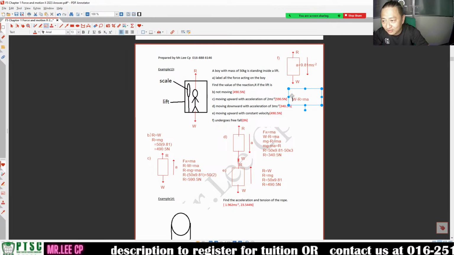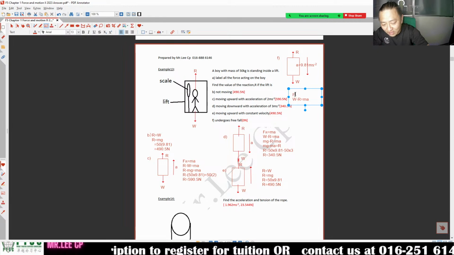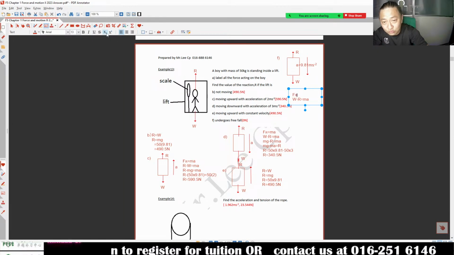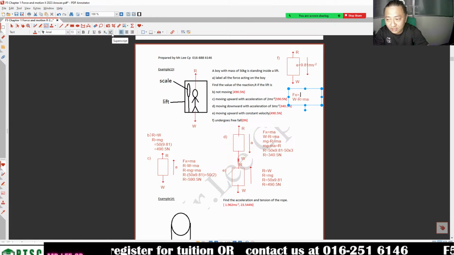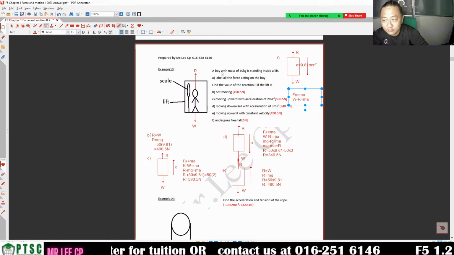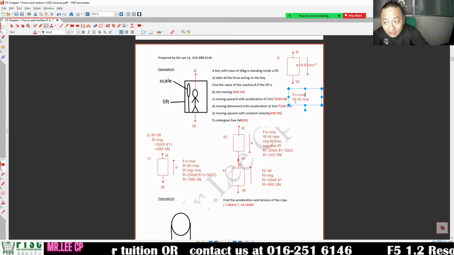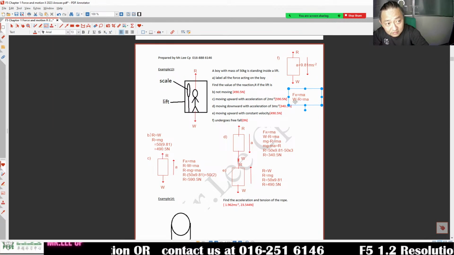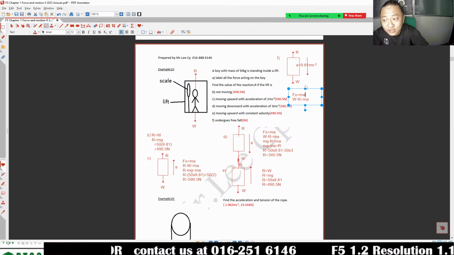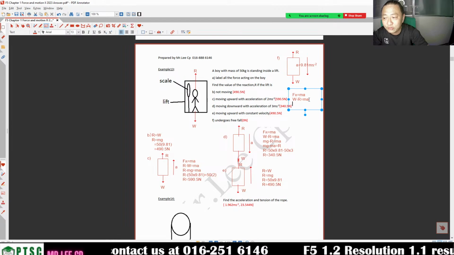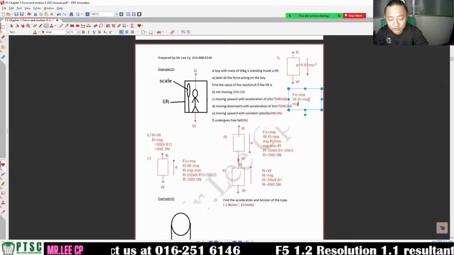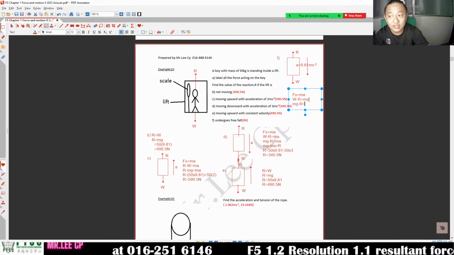Then I write the FR first. FR will be equivalent to MA. Resultant force will be W minus R. Why? Because it's going down. All right, W, mg, minus R is equal to MA.